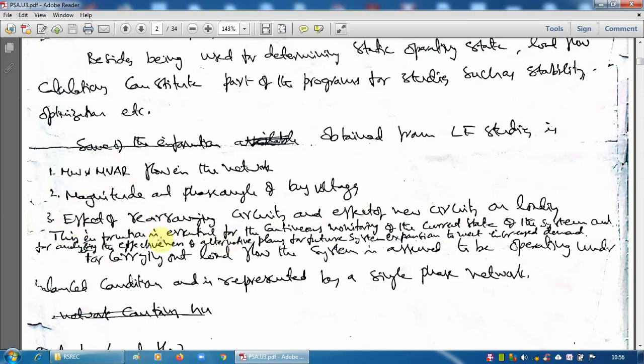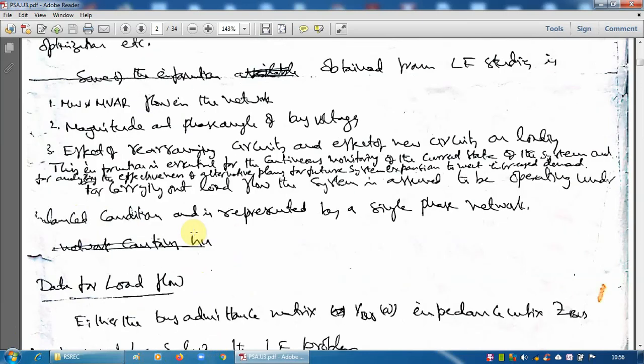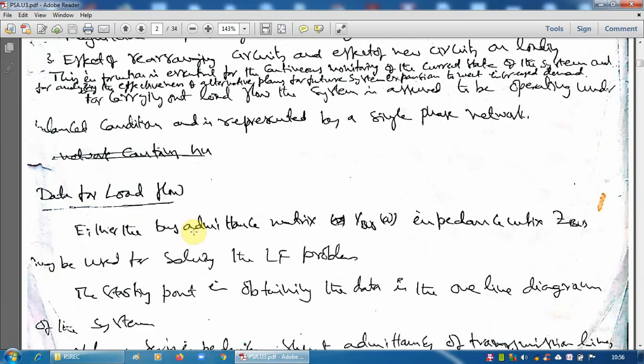If we are using new circuits, or new lines, how the power flow and bus voltages are changing, that also we can get. It is nothing but from the previous two data we can decide this third point also. So these are all the data that we are going to obtain from the load flow studies. So that is about the load flow studies.